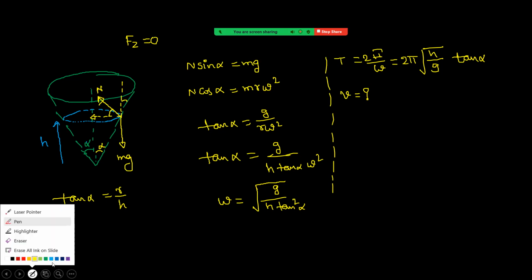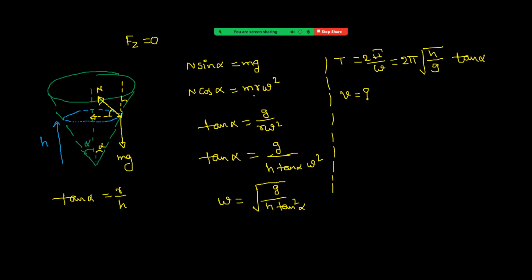The only change is in the second equation: in the place of r omega square, we take mv square by r. Then see what happens. Tan alpha is equal to, m gets cancelled, g by v square by r.